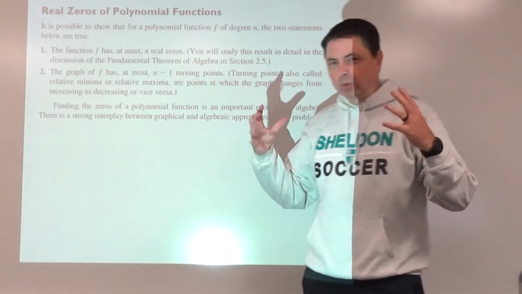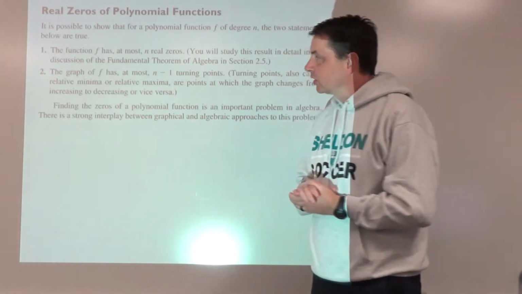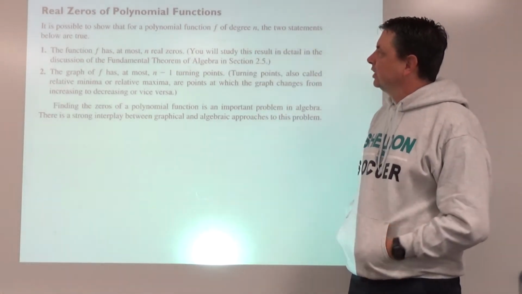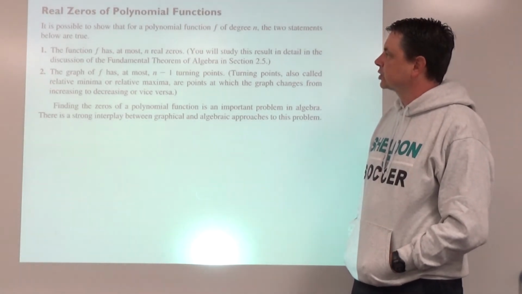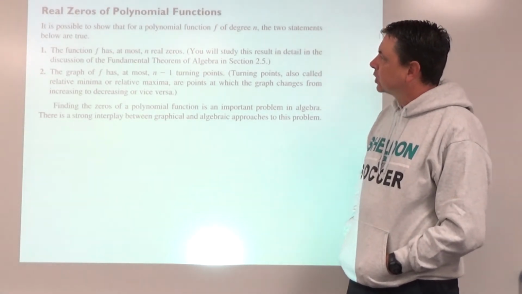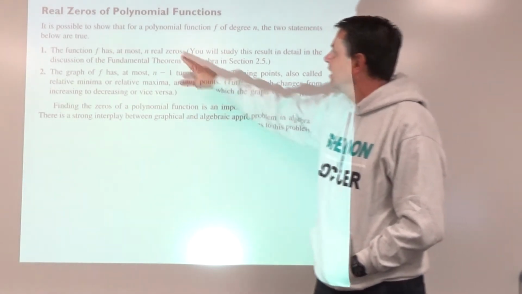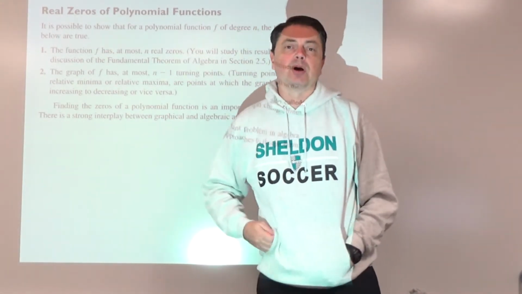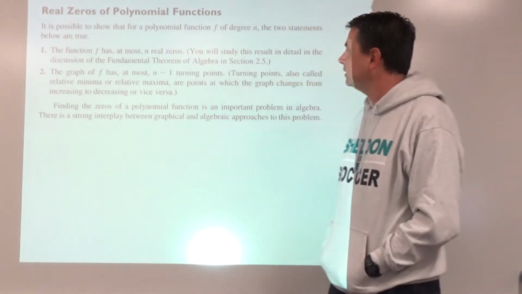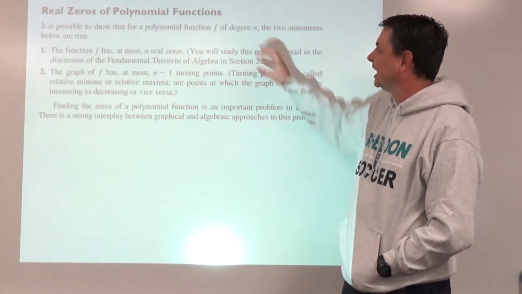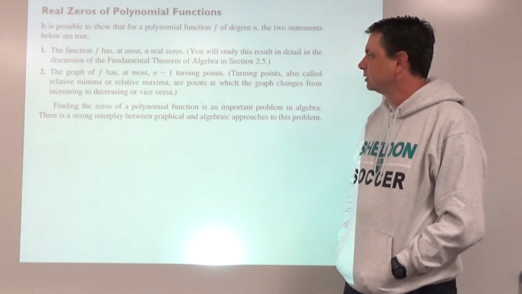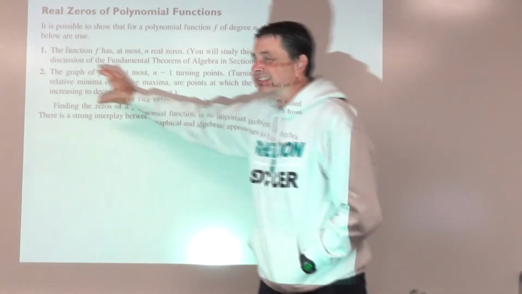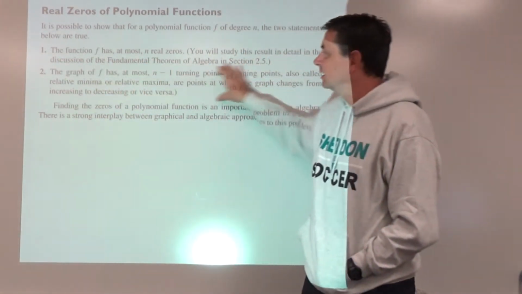Now let's see if we can determine what's happening in the middle of the graph, which could be helped by the real zeros of the polynomial function. The function has at most n real zeros if we're talking about a polynomial function of degree n. We'll get more into that later in this chapter. This is a question that they like to ask.